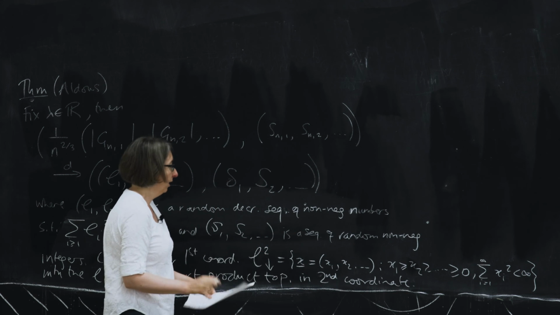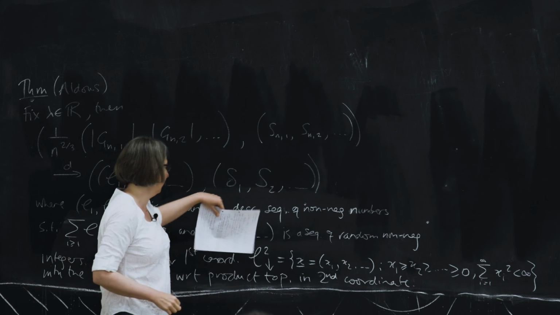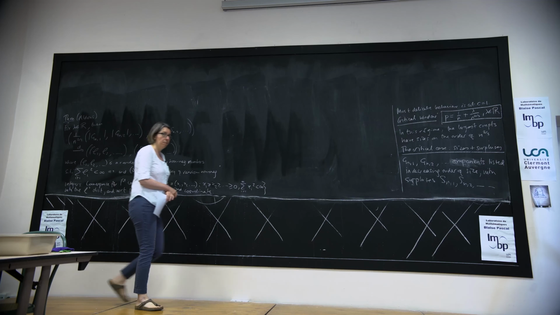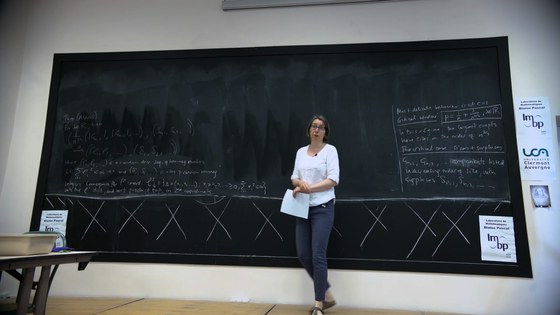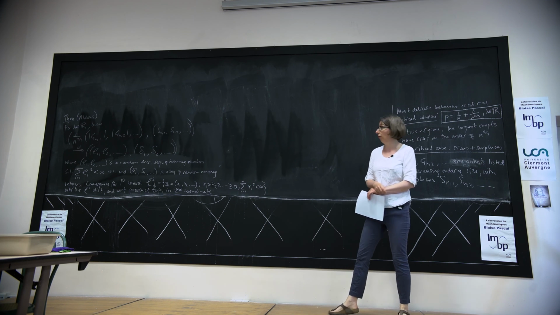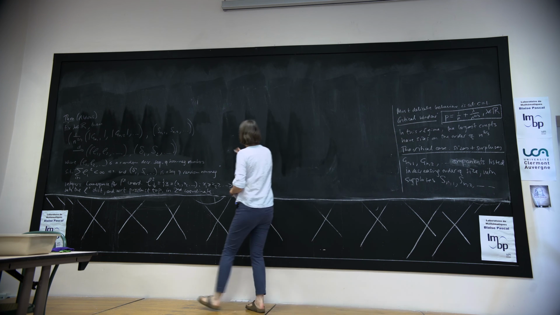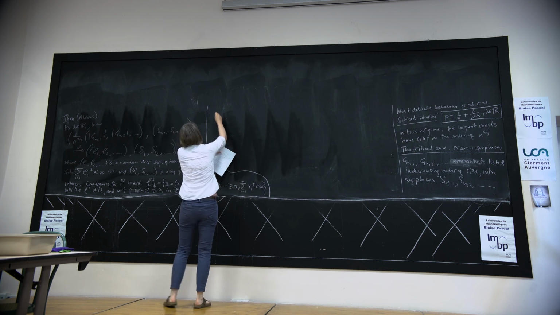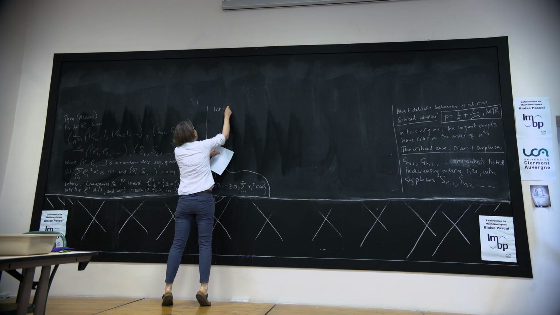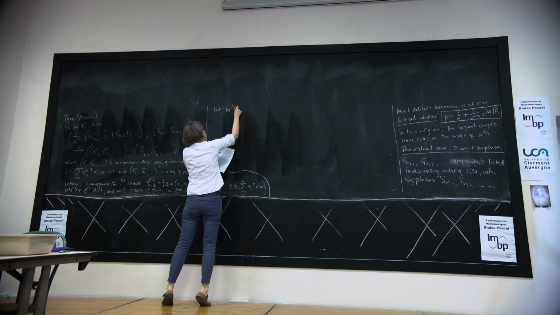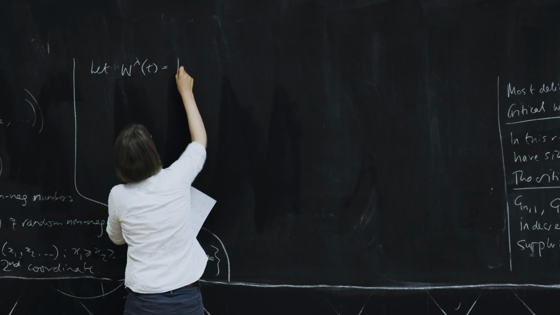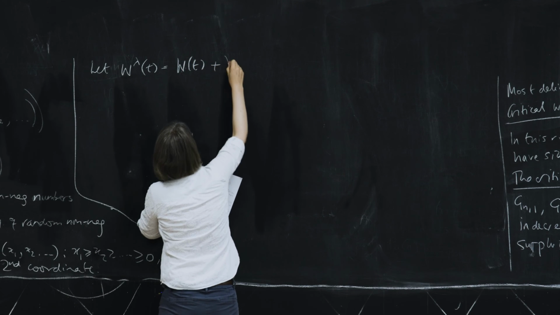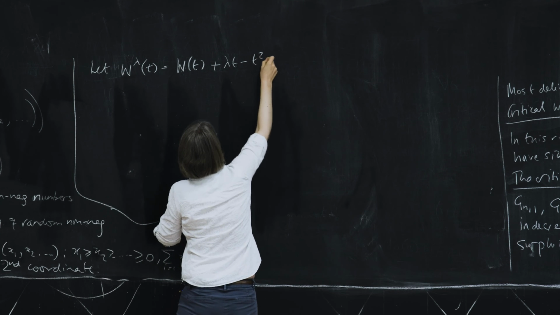Right, so how do we describe these limit sequences here? Well, I need a Brownian motion, or rather a Brownian motion with drift, in order to describe how to get to these two things here. So let me put some definitions here. Let W lambda of t be a standard Brownian motion plus lambda t minus t squared on 2.